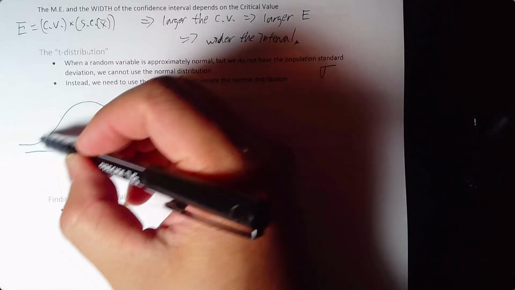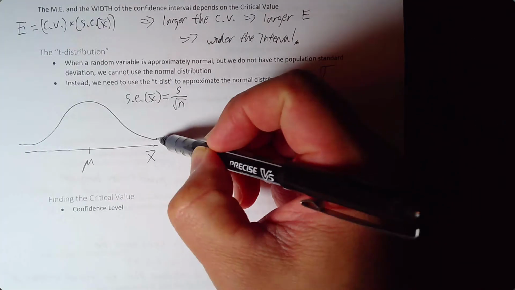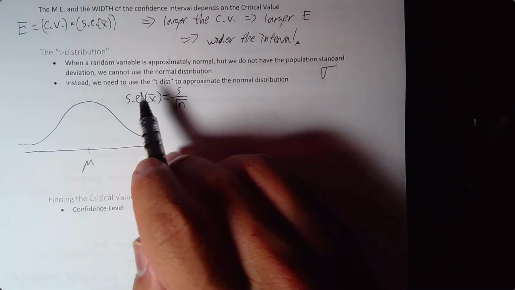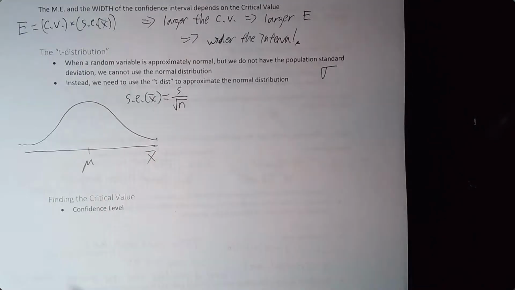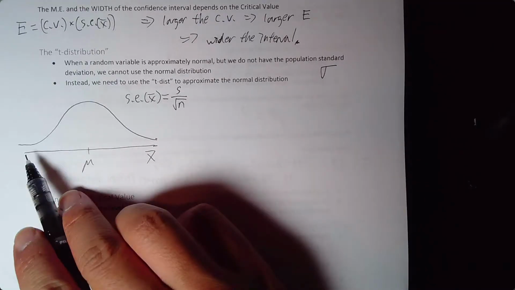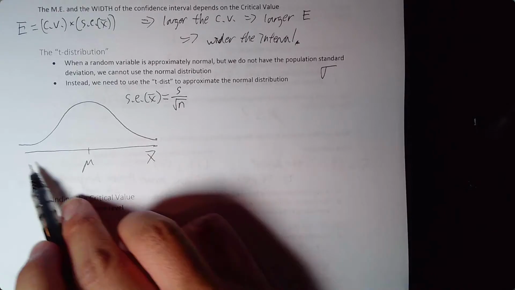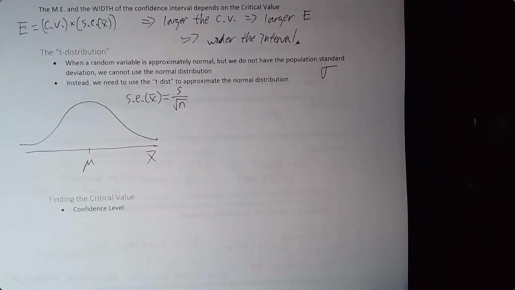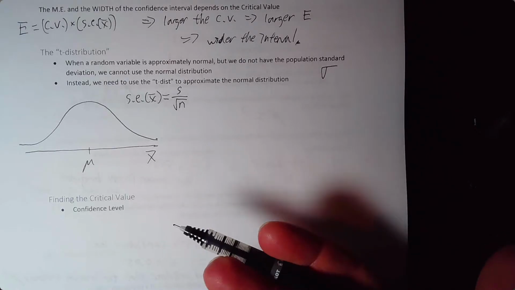Now the shape here is not going to be exactly normal anymore, but instead it's going to be following a t distribution. A t distribution has a very similar shape, and it is approximately normal. The way we deal with a t distribution is very similar to the way we deal with the normal distribution.